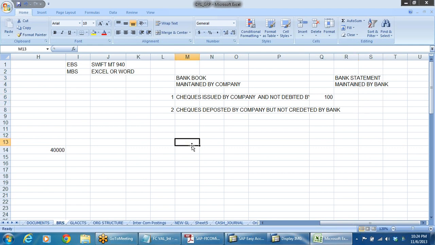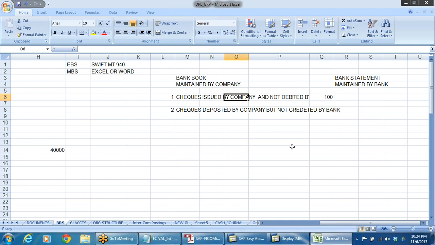And I need to prepare at the month end what are the checks issued but not debited to my account, and checks deposited into the bank but not yet credited to my account. So out of 10 checks deposited, maybe 5 are credited. Out of 10 checks issued, maybe 5 are debited to my account.